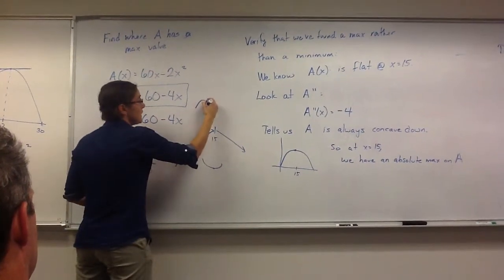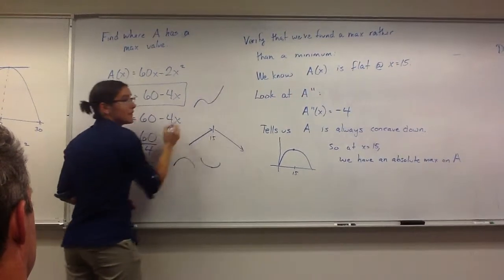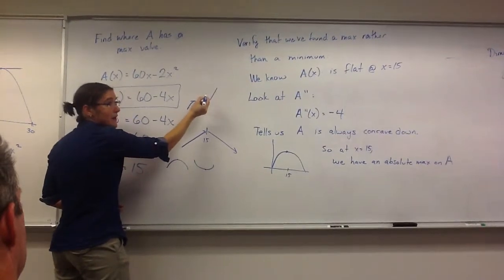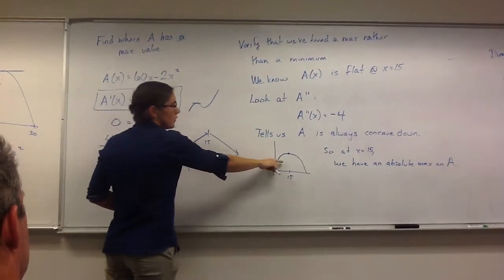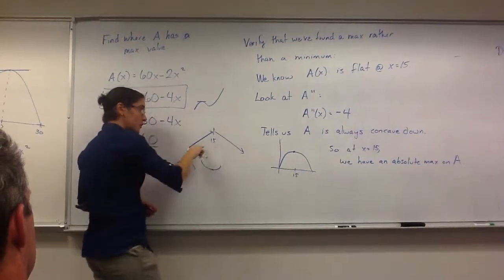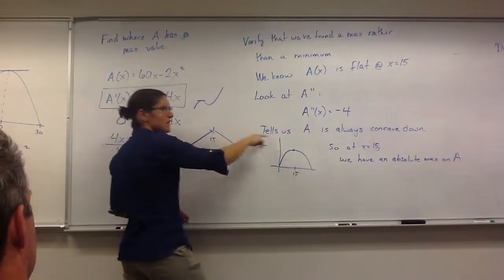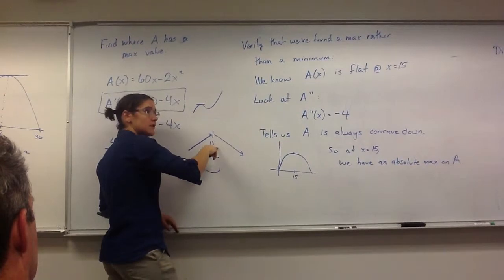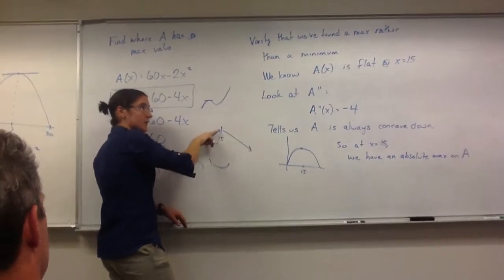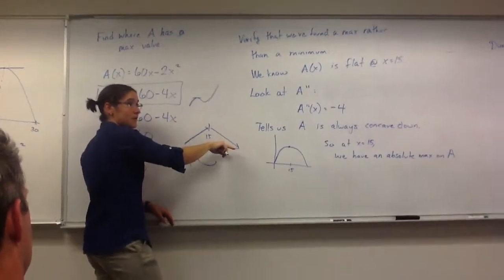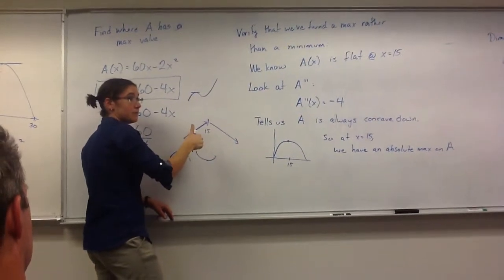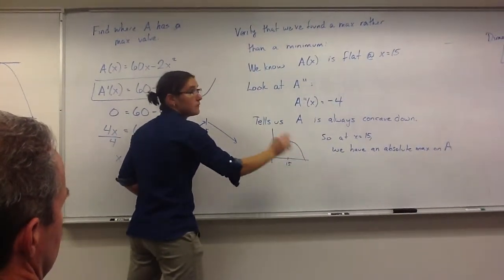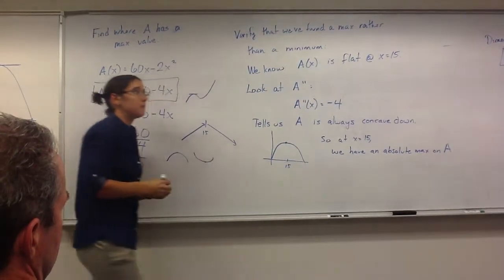What you want to be careful of is when you have a function that looks like this, and then you find a local maximum, but it's not necessarily an absolute maximum. And what this argument is doing is a first derivative test, and I'm essentially doing a second derivative test. Both are valid. So as long as you can say f prime is always positive and then always negative after x equals 15, that's legit. This is saying f double prime is always negative, so that's another way of talking about it. Both would work.